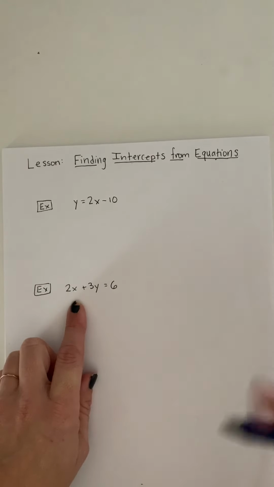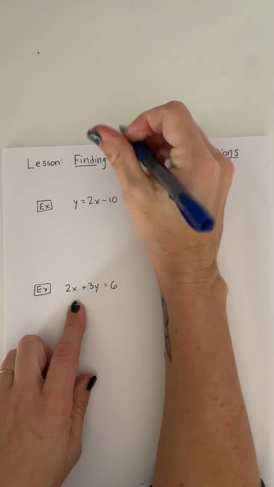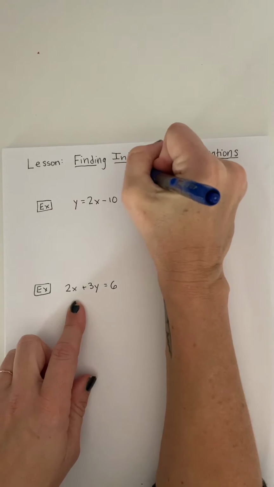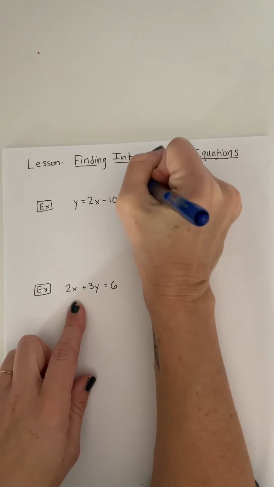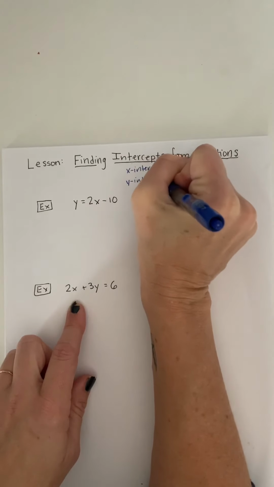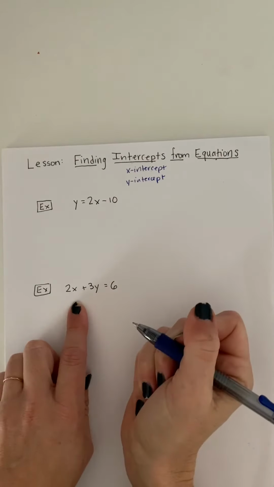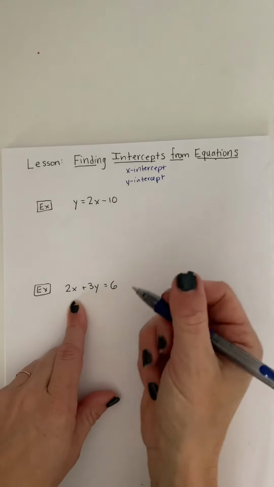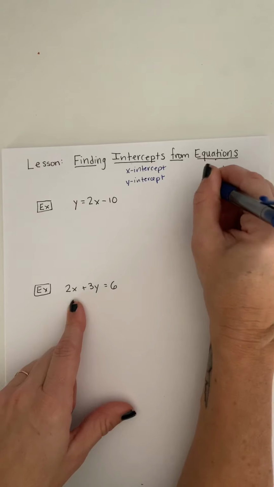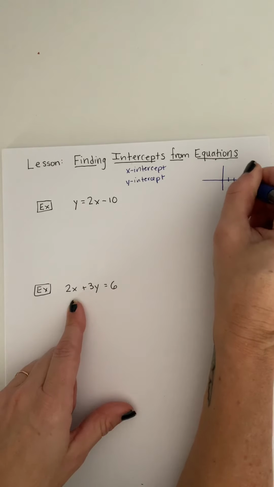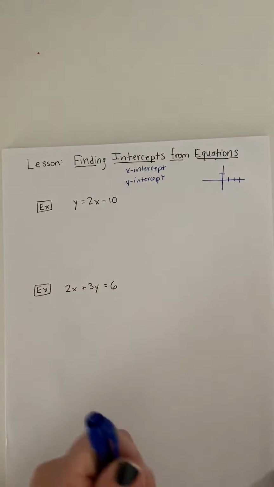So we talked about what intercepts are. We have an x-intercept and we have a y-intercept. And there's something really unique about both of those things. So when we looked at the graph today in the Khan Academy, I'll just go up 1 here, and I'm going to draw a line.